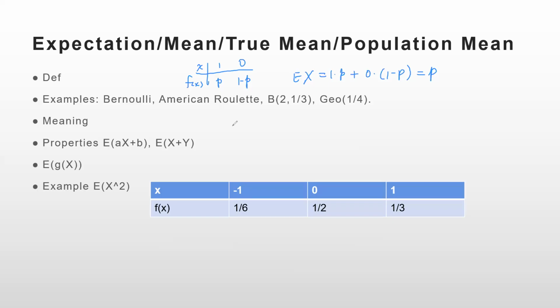On American roulette, there are many bets you can talk about and many distributions. We're talking here about the simplest situation, that is you bet on the color. So American roulette has 38 numbers. You have 18 red numbers, and you have 18 black numbers.